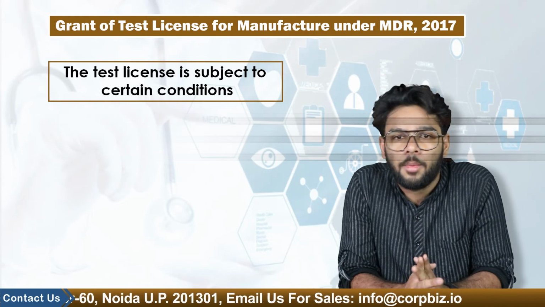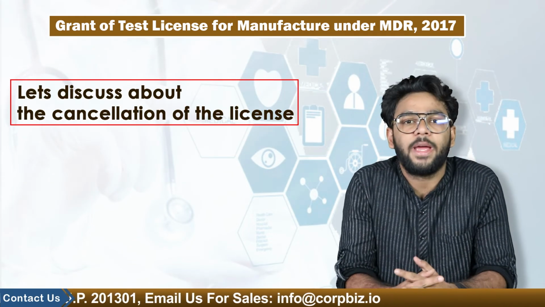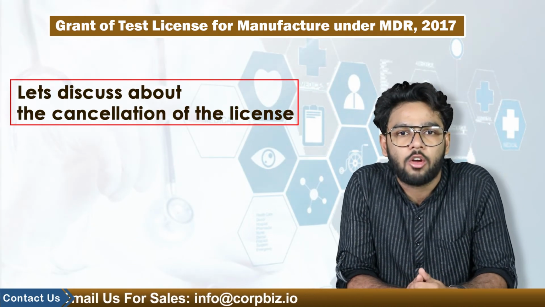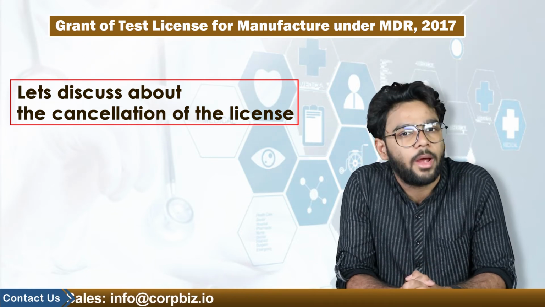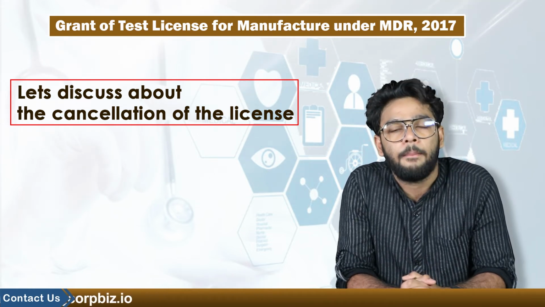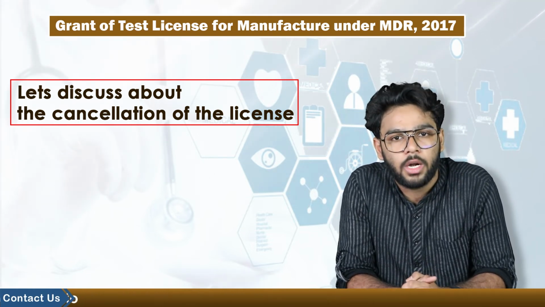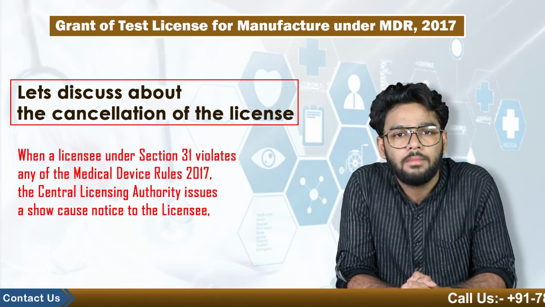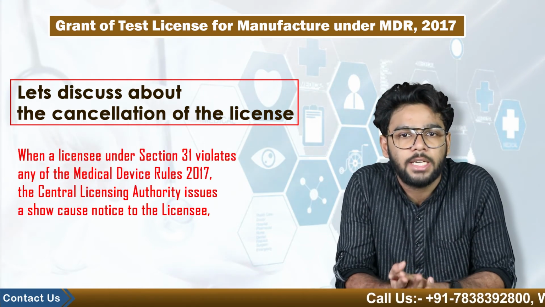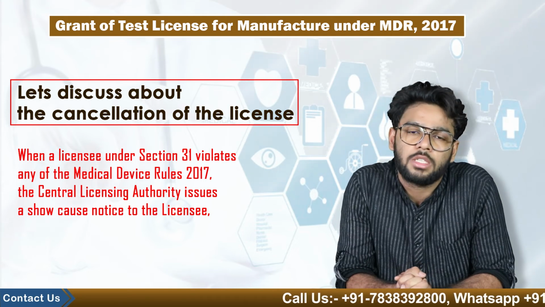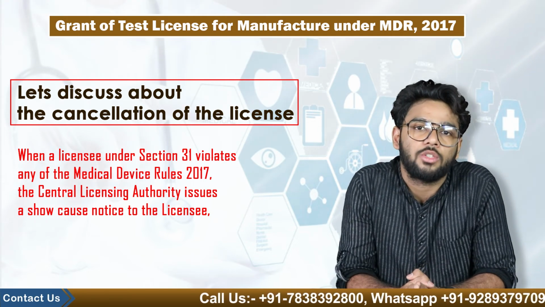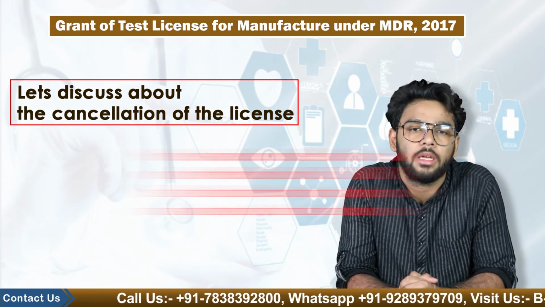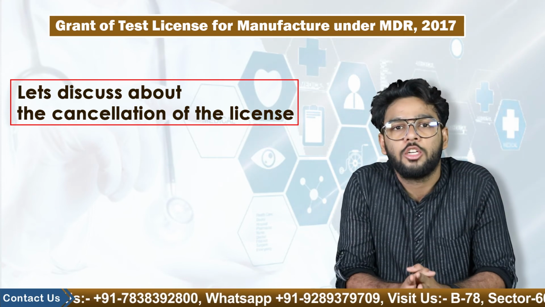Let's discuss the cancellation of the license. The inspection of specific conditions and requirements to grant the test license for manufacturing medical devices may leave the Central Licensing Authority unsatisfied. When a licensee under Section 31 violates any of the Medical Device Rules 2017, the Central Licensing Authority issues a show cause notice to the licensee, questioning why the license should not be cancelled.